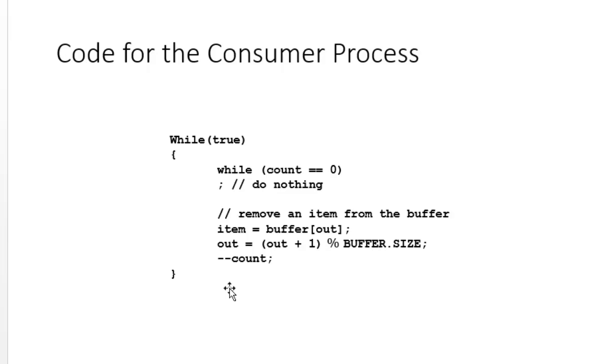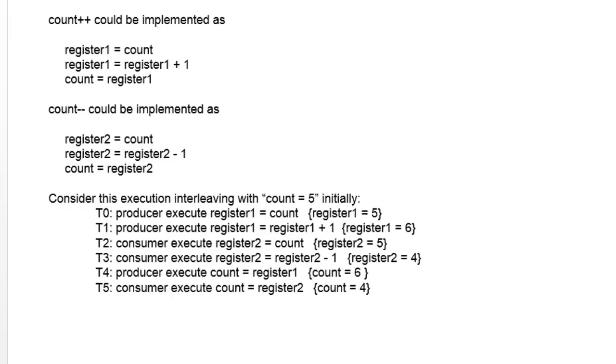As an example, let us assume that the count value is initially equal to 5, and we are allowing both producer and consumer process to execute the statements count plus plus and count minus minus concurrently. Count plus plus is present in producer process, count minus minus is present in consumer process. We are allowing concurrent execution of these two statements from two processes.